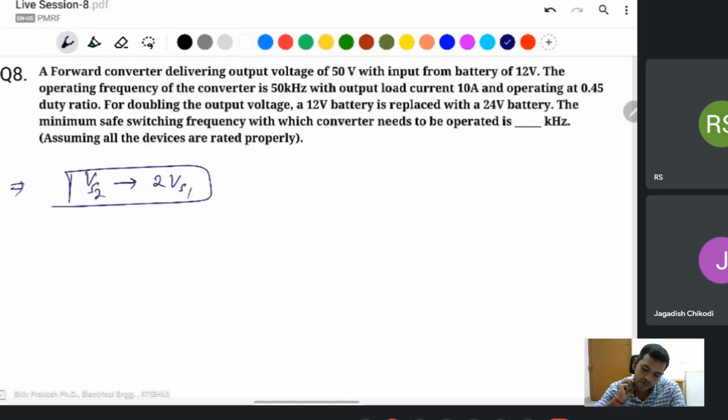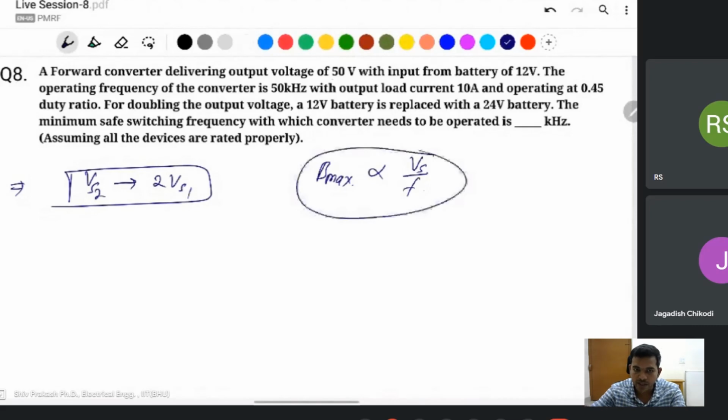Because in a forward converter you can increase the duty cycle, that's why you take frequency as the term. And we know about transformer core saturation. It directly depends on the flux density B maximum, which directly depends on the supply voltage and supply frequency.